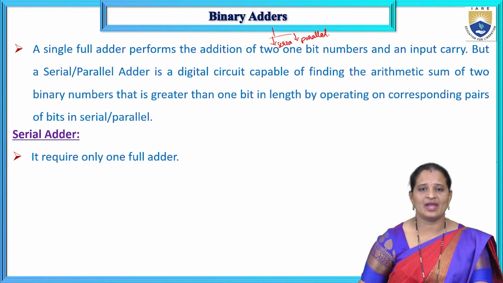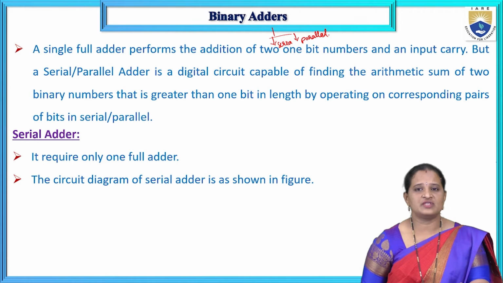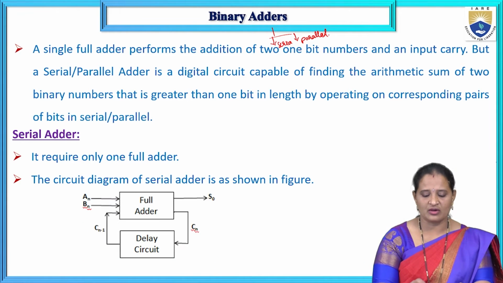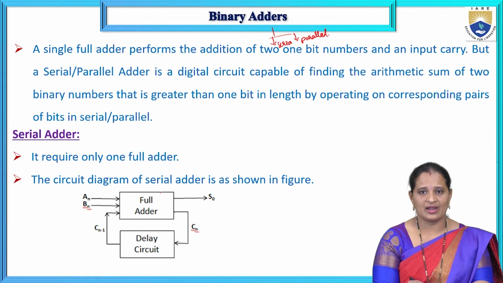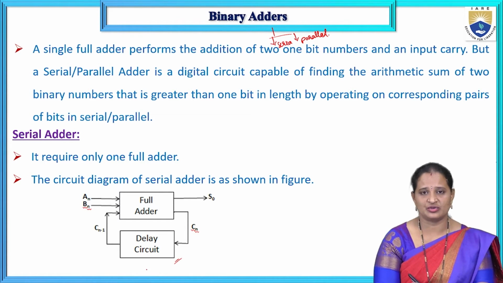In serial addition, we will be adding bit by bit in serial fashion. The circuit diagram of the serial adder is as shown in the figure. It requires only one full adder and an additional circuit which is nothing but a delay circuit.